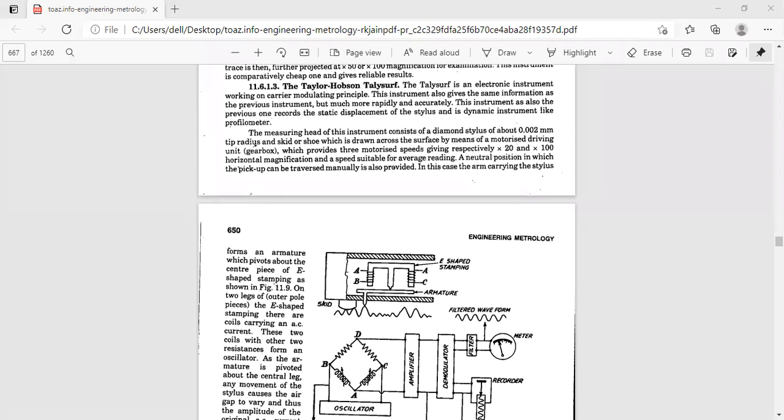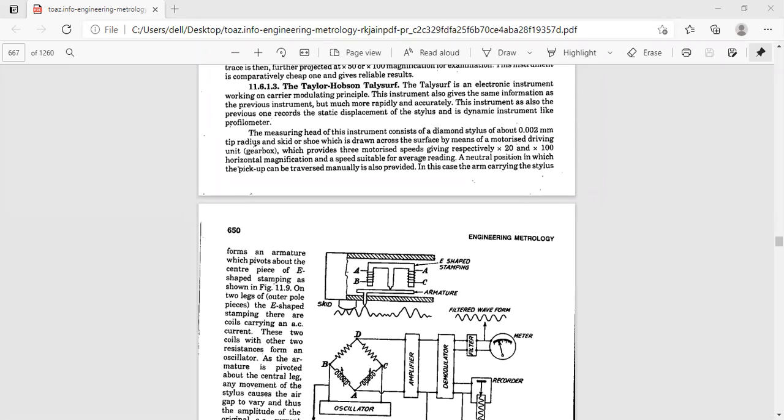The movement of the stylus will be guided by the skid or shoe. It will be drawn across the surface you want to test by means of a motorized driving unit. You can have any motor, or a gearbox also. Previously they used a gearbox as the driving unit. Nowadays they are going for the synchronous motor.